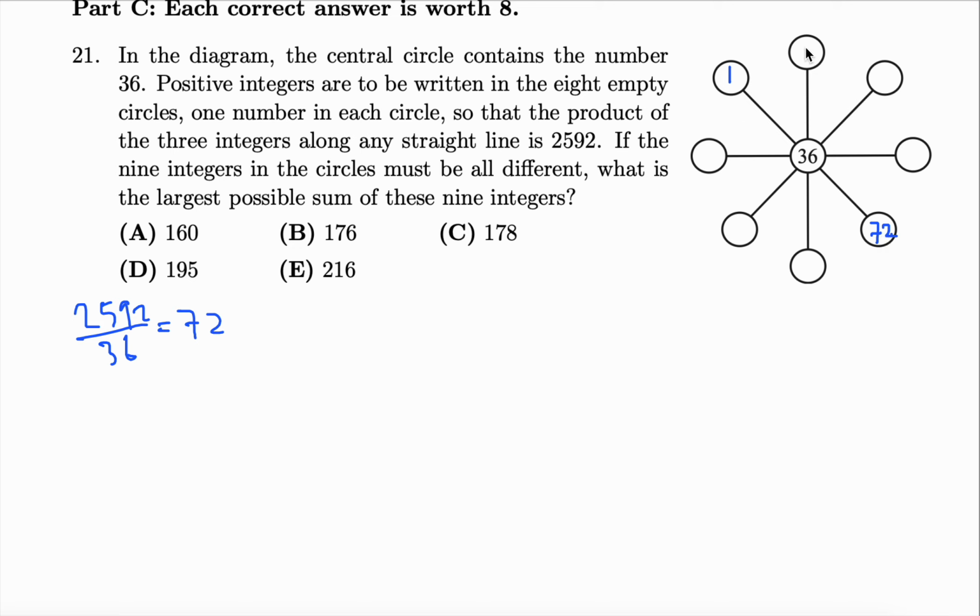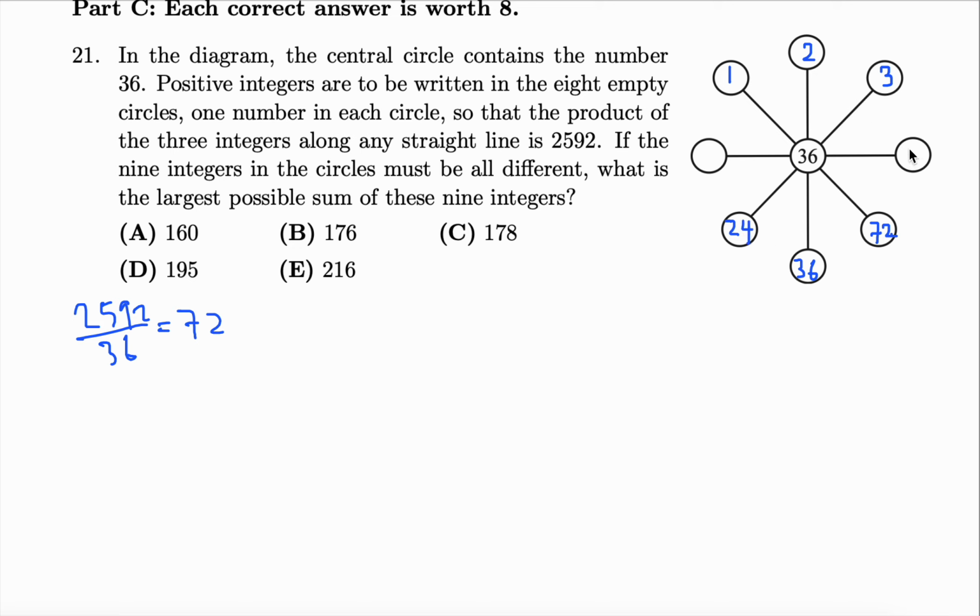So let's go to the next one. 2 times 36, 3 times 24.